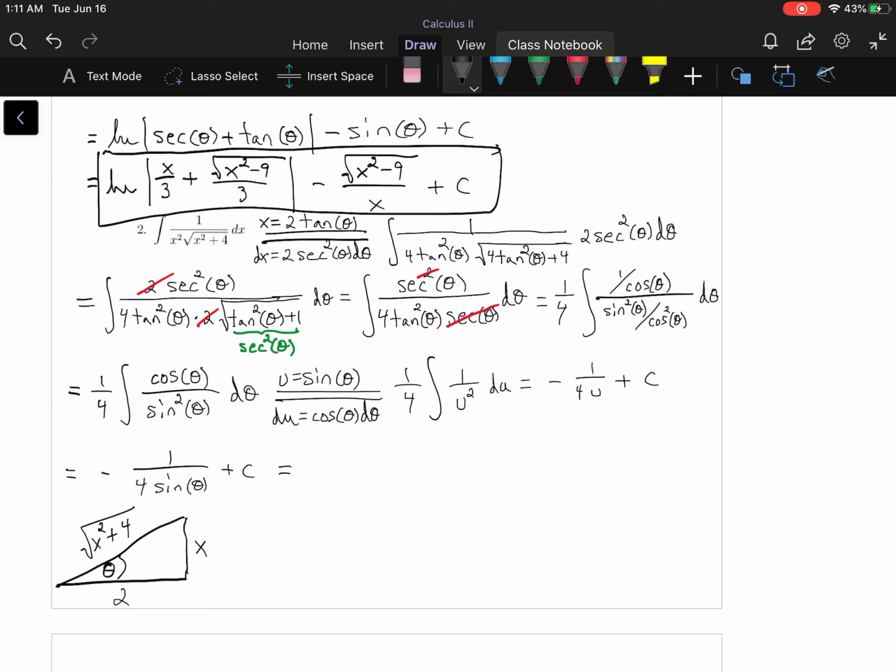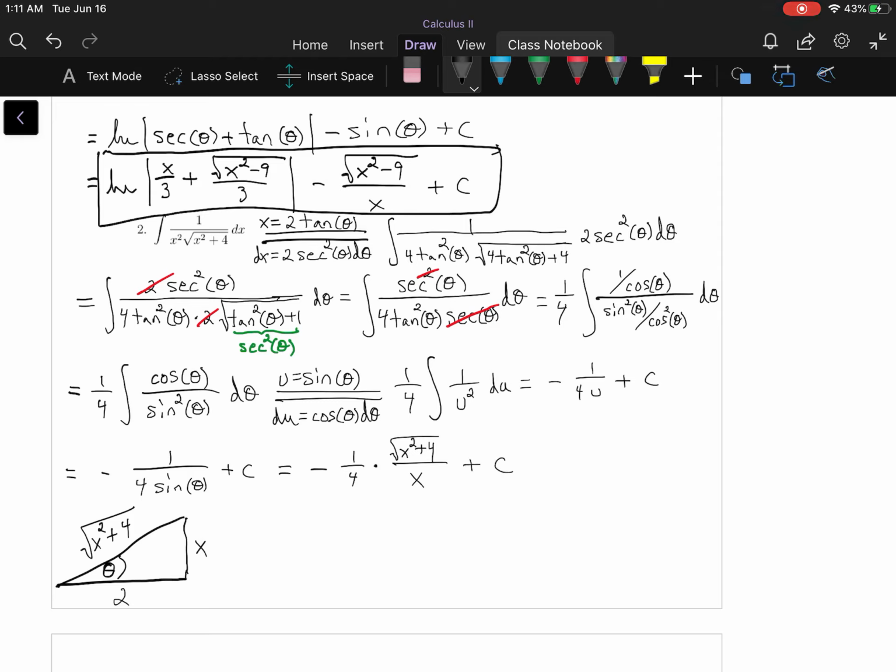When I make this substitution, we have negative 1/4 times 1 over sine, or 1 over x over the square root of x squared plus 4. But I'm going to multiply by the reciprocal, which is the square root of x squared plus 4 over x.